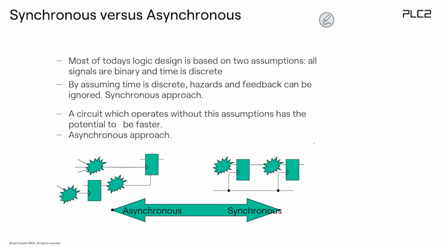The first solution is to do it asynchronously. This might be, at first view, the easiest way to build a circuit. Whenever you have some signals or events and something happens, you maybe use some logic which decodes something and provides an edge in order to clock a flip-flop. The same may happen here.